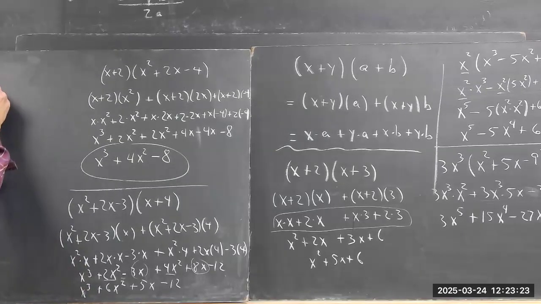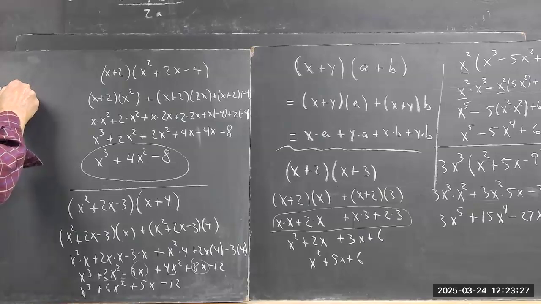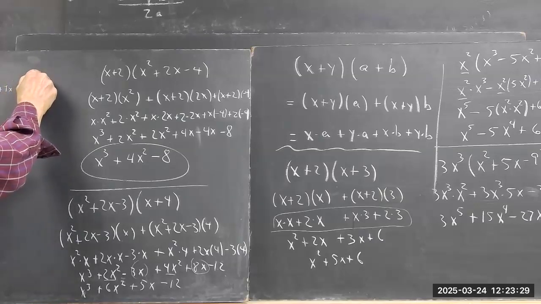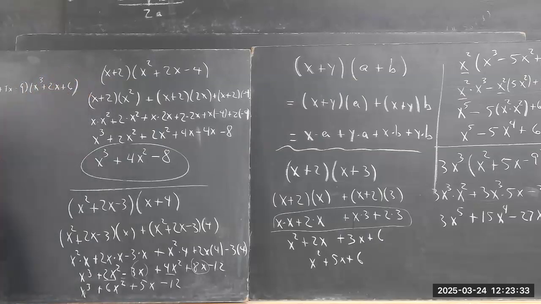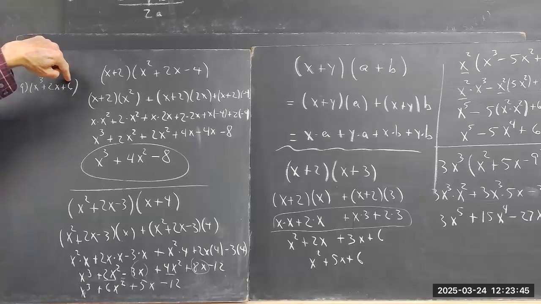What would you do if you had x squared plus 7x minus 8 times x cubed plus 2x plus 6? Well, it should be obvious what you would do. You'd multiply this by this, then you'd multiply this by this, and then you'd multiply this by this.